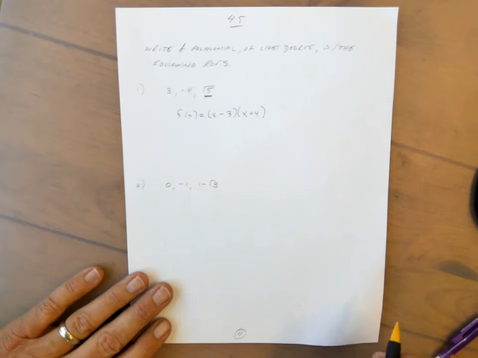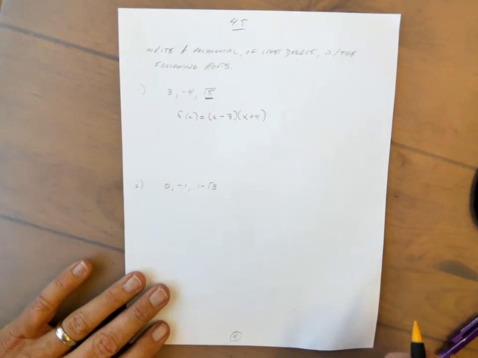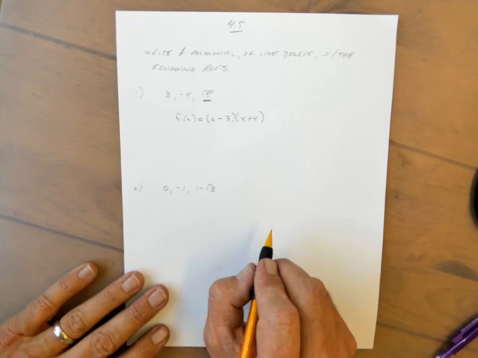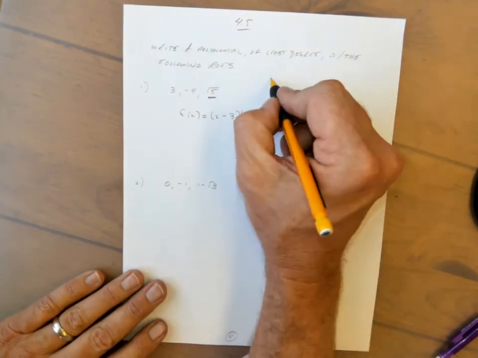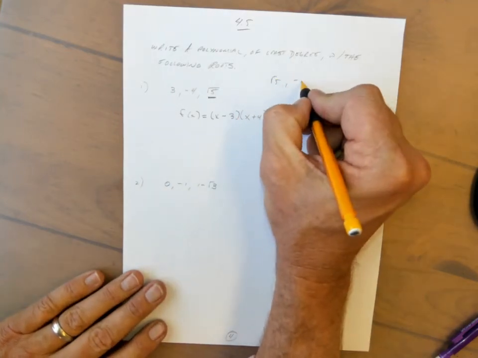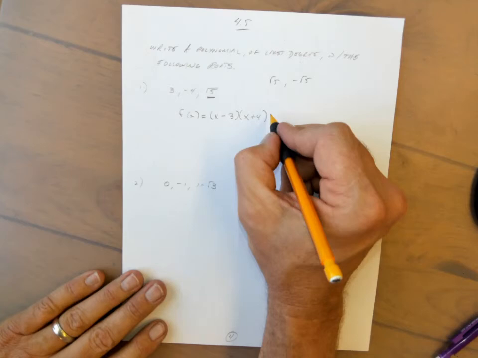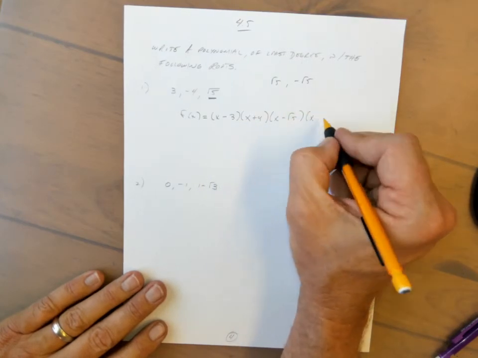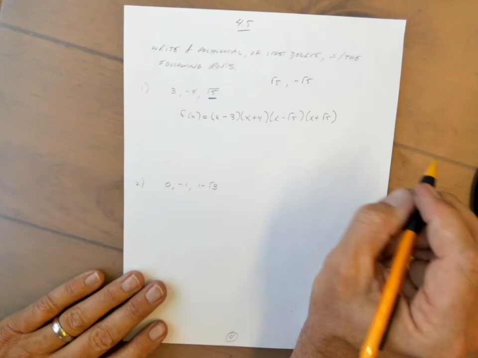And now notice we have an irrational root. So one of the things hopefully that you've seen is that irrational roots come in pairs. We call those conjugates. So if we have root 5, we also have to have negative root 5. And so we'd have x minus root 5 and x plus root 5.